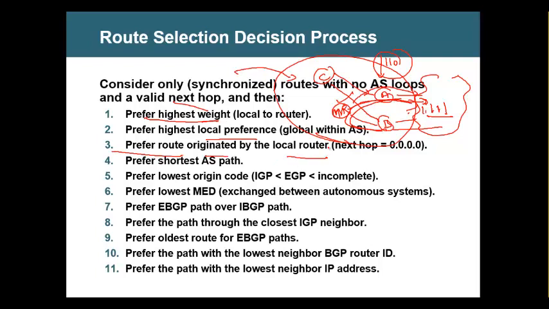Even though it is coming as the third attribute, as per the standard, it is attribute 3, local origin. You remember, the local origin will have next hop 0.0.0.0. Why? Because it is locally connected to the same router.